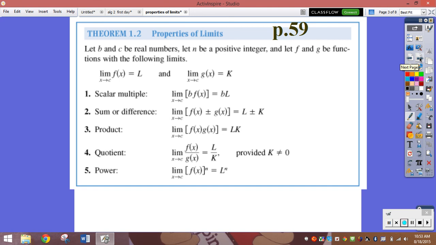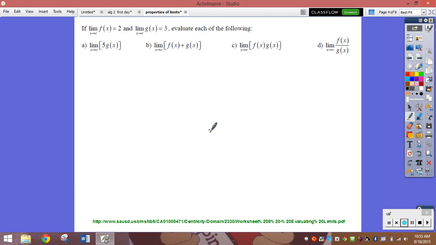So what the exercises will look like using these properties is instead of giving you functions that you can look at graphs of, you'll be given the limits of those functions. So you won't know what f of x is representing, but you'll know the limit of that function at some c value. So here, if the limit as x approaches c of f of x equals 2, and the limit as x approaches c of g of x equals 3, then I want you to evaluate each of the following.